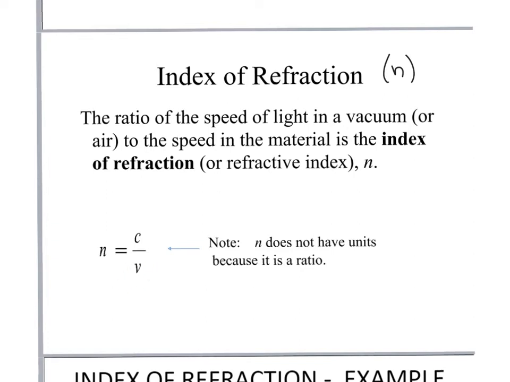And remember, that's our 3.0 times 10 to the 8. Because this is a ratio, and both the speed in a medium and the speed in a vacuum should have the same unit, they cancel out, which means our index of refraction does not have any unit. It is simply a ratio.